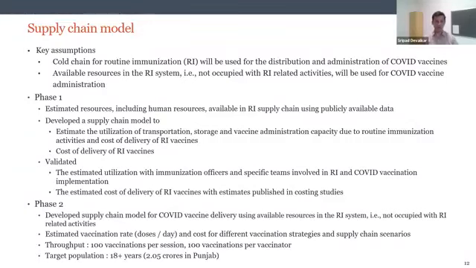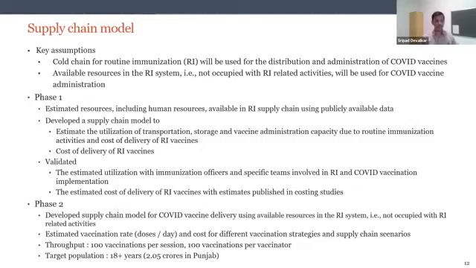And obviously they also have a much lower pain threshold, and therefore administering a vaccine to them is more time consuming. Whereas COVID vaccinations, at least right now, are targeted towards adults. And so there will be a difference in terms of how many vaccines can be delivered in one session, if you think of a session as a day.